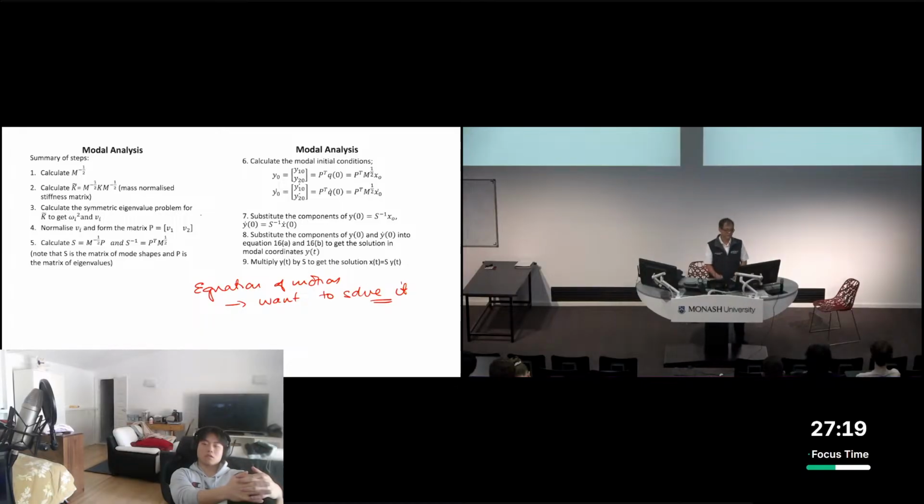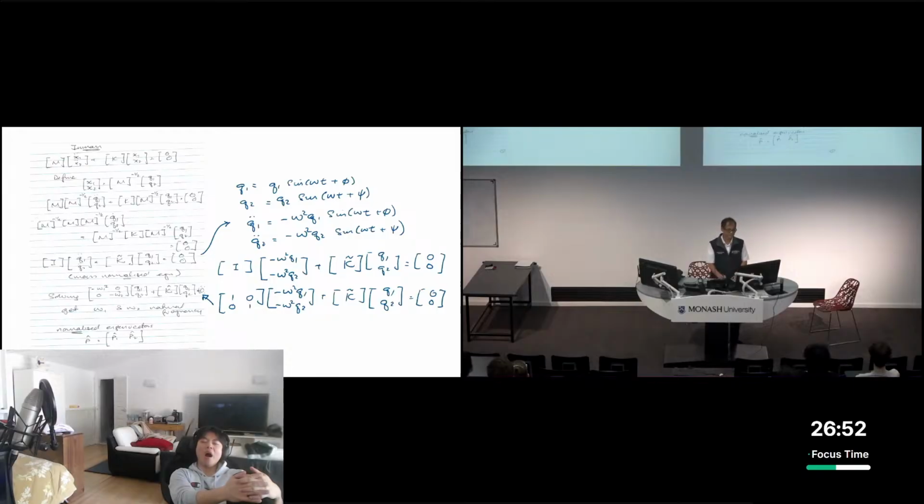Now, for this particular course, we will introduce to you the concept of modal analysis. These are the few steps that I want you to get familiar with. I'll go through the two examples with you, and as we go along, I will show you how things are done. Okay, but what is important is the following.